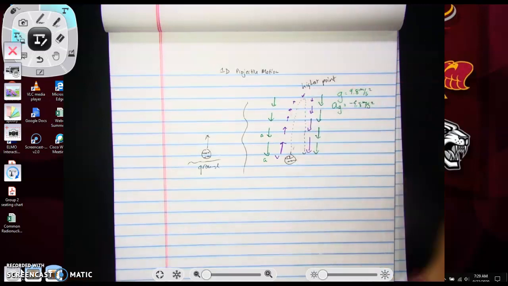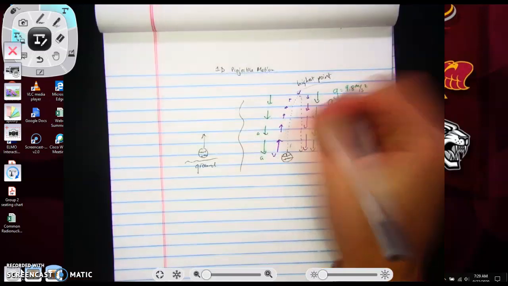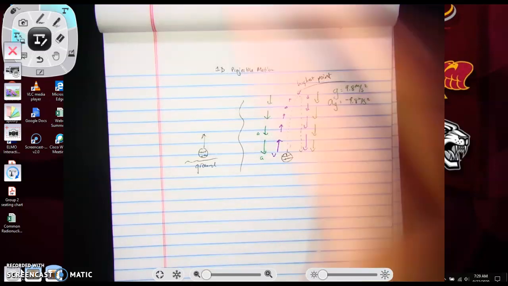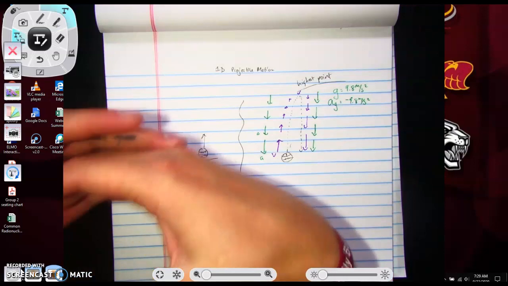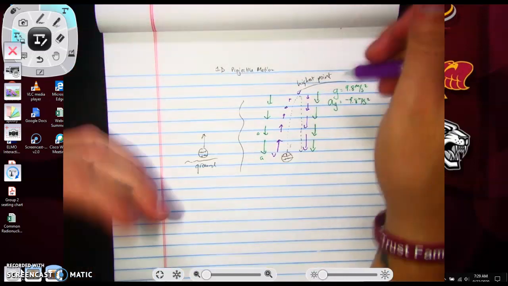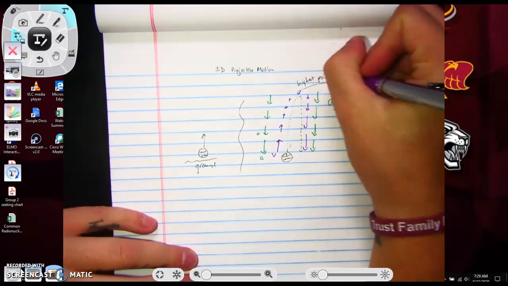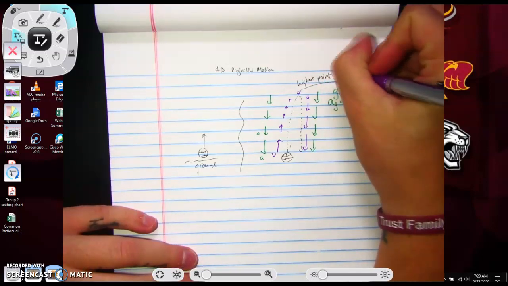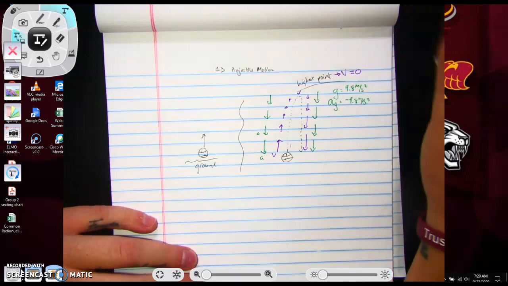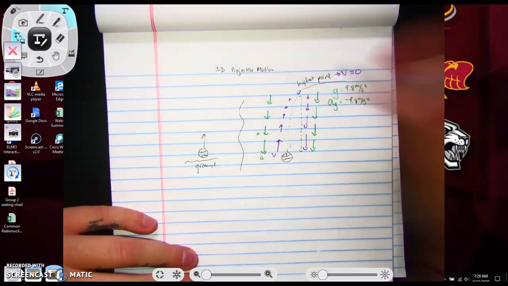So, a couple of things to pay attention to. At the highest point right here, something has occurred to cause the ball to stop moving. So, at the highest point, I can state that my velocity is equal to 0. This is an always situation.